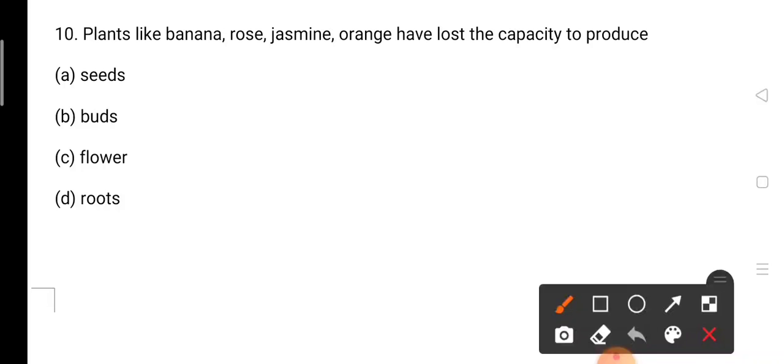Buds can also be produced, but only seed is the option that fits. In orange we can see the seed, but these seeds are not able to make a new plant. So our correct option will be A. Option A will be correct for our answer.